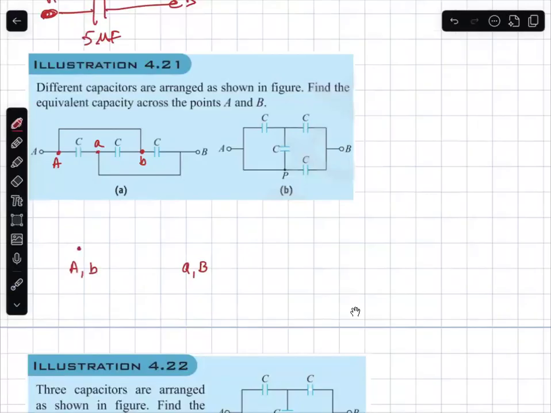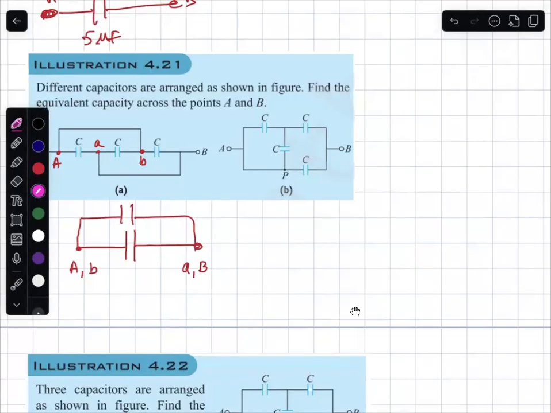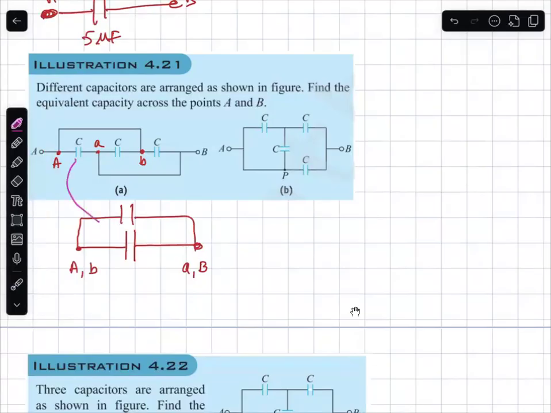Now, A to B, there is nothing. A to small a, you have one capacitor. B to small a, you have another capacitor. I just want to throw some light without any confusion. This is the capacitor. This is the capacitor.